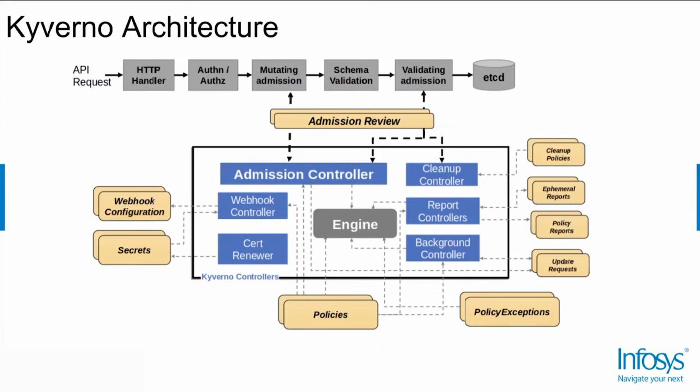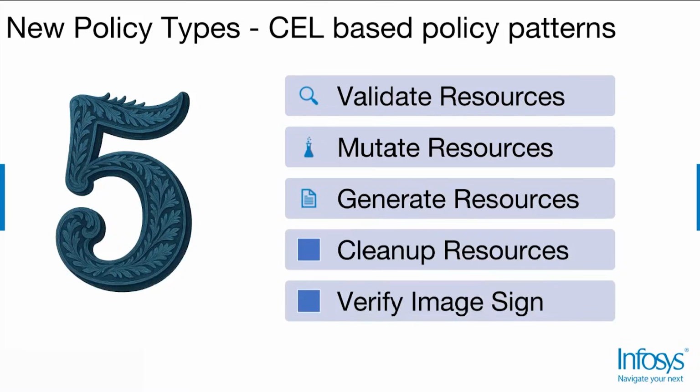Right? So I'm excited to introduce the new 5 policy types that are available starting from Kyverno release 1.14. You may wonder why 5 new policy types, right? Let's start with the result.